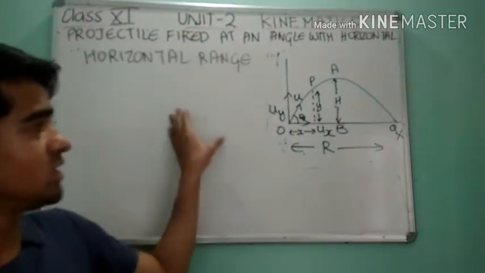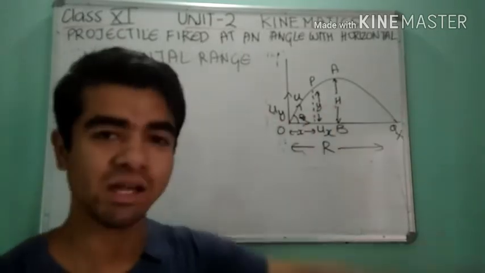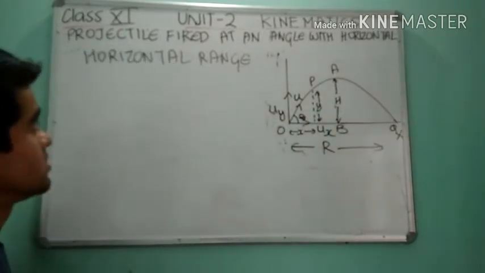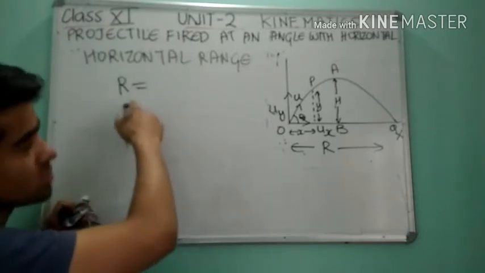Now horizontal range: it is the maximum displacement moved by the projectile in the horizontal direction. For the expression of horizontal range, distance is equal to speed into time.